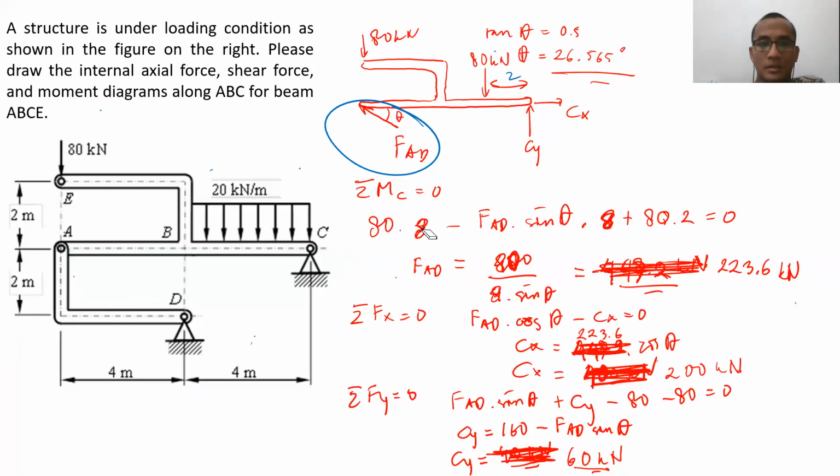Then FAD sin theta, the direction is clockwise, that's why it's negative, because counterclockwise is positive. So FAD sin theta multiplied by 8, and 8 is this distance.